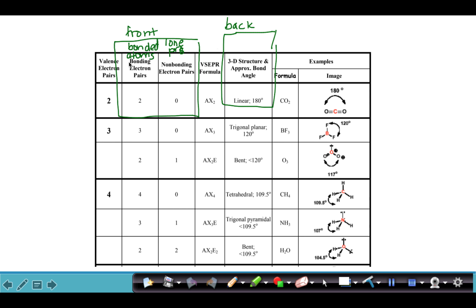So if you can do bonded atoms plus lone pairs on the front and know on the back what the name is and the bond angle for this section of the chart, you're going to be in a good place to know what you need to know when you come back to school in September.